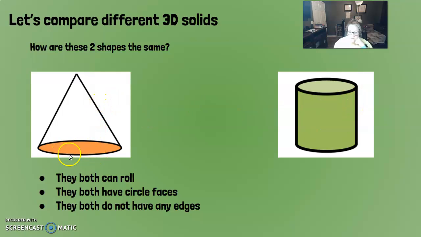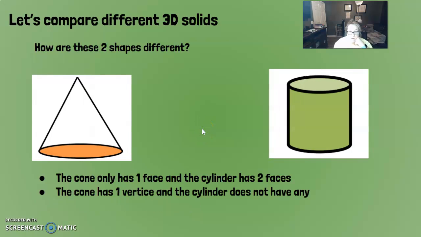They both have circle faces. This one has a circle. There's my circle faces. And they both do not have any edges. And I know they're different because a cone only has 1 face and a cylinder has 2 faces. And I also know that a cone has 1 vertice and the cylinder doesn't have any.